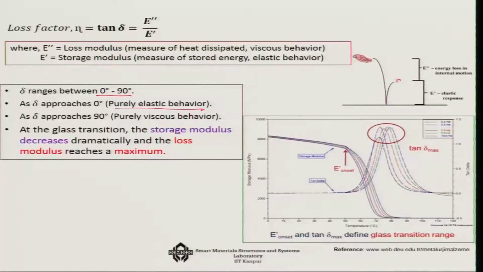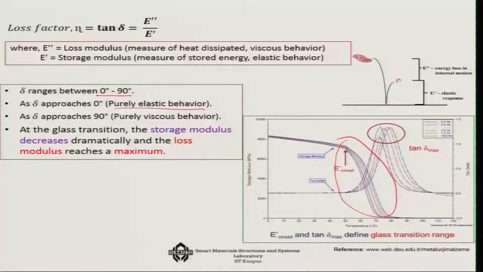In such a case, the material does not show this kind of phase transition at all, if delta becomes 0 degrees. On the other hand, if delta approaches 90 degrees, then you get a purely viscous behavior, and the glass transition is where this dramatic change is happening to the system.